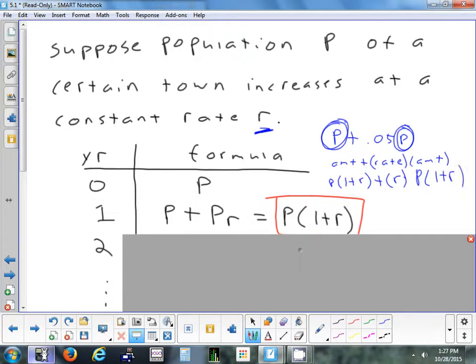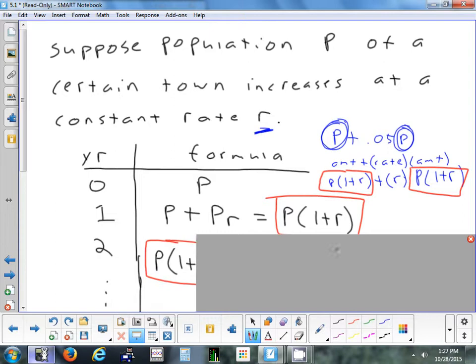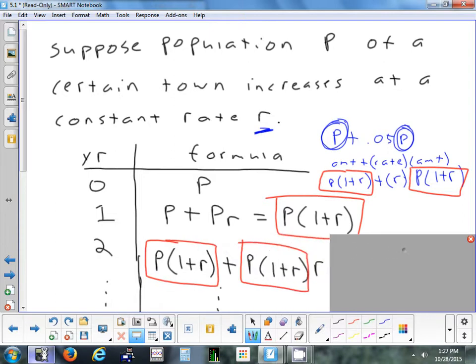Okay, now, what do both of these have in common? Yeah, they both have a P times 1 plus R. So what I'm going to do is factor that out, just like I factored the P out up above. Okay, so here's my formula. My original amount plus my original amount times my growth rate.